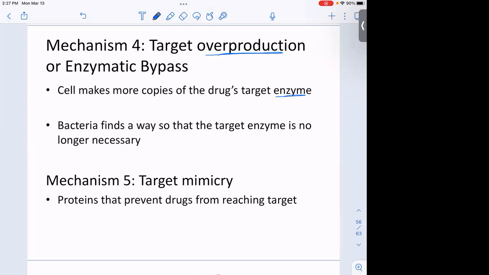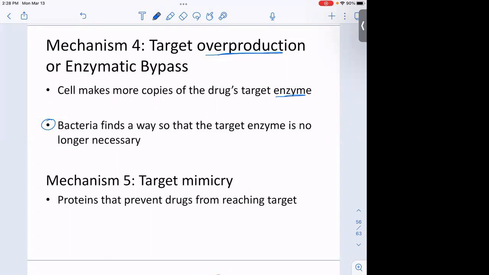Now the bacteria starts making many, many more copies of RNA polymerase. So if the drug can't bind to them all, it still has some functional RNA polymerase. Or they've even found instances where the bacteria has figured out a way so it doesn't need RNA polymerase anymore, or it can find a way around to reproduce without that enzyme that the drug is targeting.